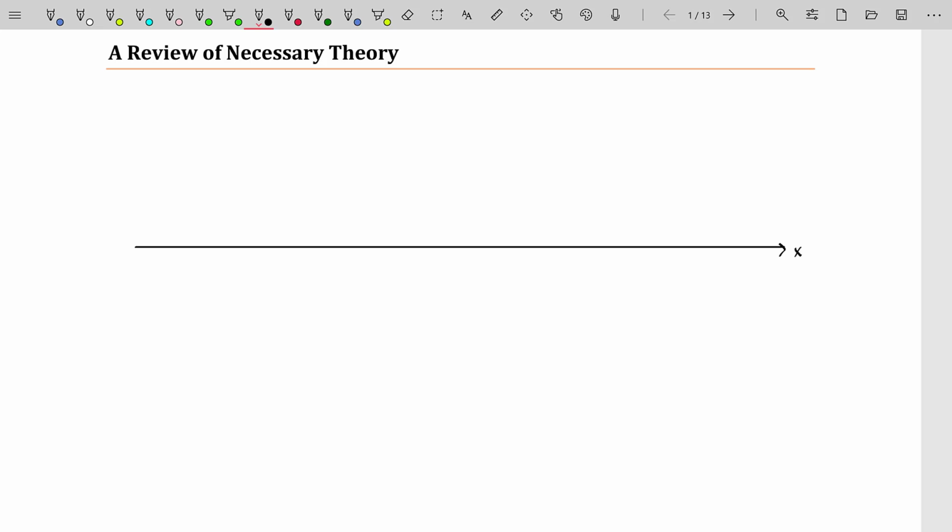That function could lie above or below the x-axis, but for the purpose of this video, I'm just going to make it lie above this x-axis. It goes on indefinitely in both directions, that doesn't matter, and it's a function, so it passes the vertical line test. That last part is actually very necessary for this theory.